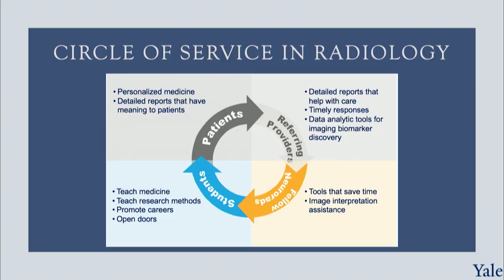We also serve our students, advanced students such as neuroradiology fellows, with tools that save time and provide image interpretation assistance. As you can imagine, radiologists are specialized in multiple different areas, and we have to cover diseases through the entire body. It is not possible for a single person to know detailed information about many different diseases in the body at the same time.